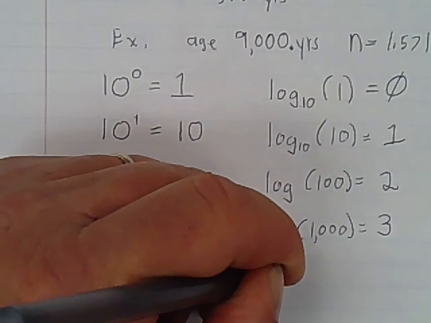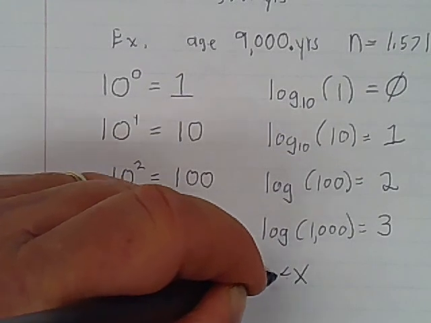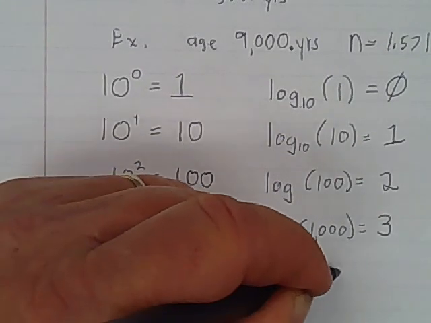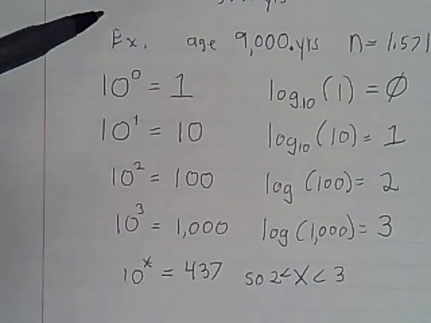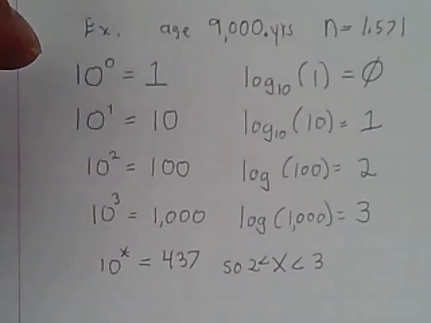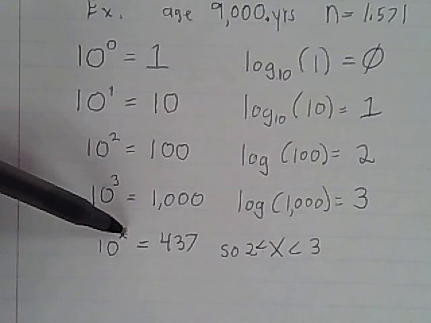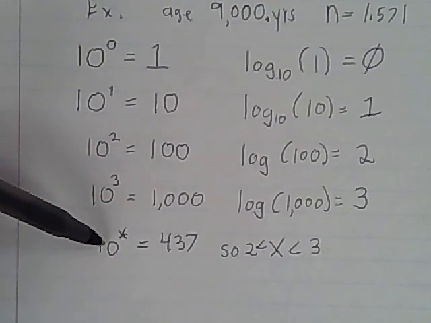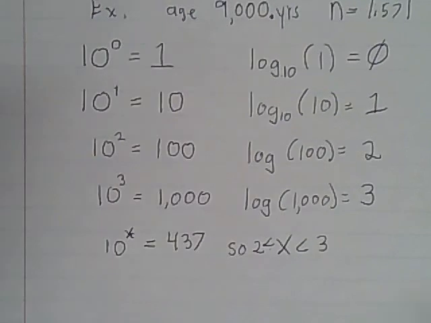So this mystery value of x is somewhere between 2 and 3. That's all I can tell you right now without a calculator. Somewhere between 2 and 3 is that value of x such that 10 raised to that value will equal 437.